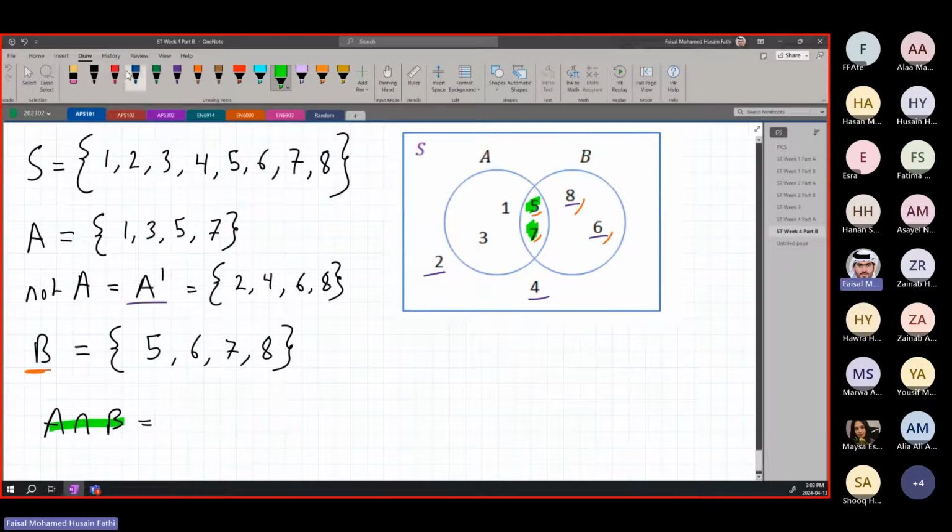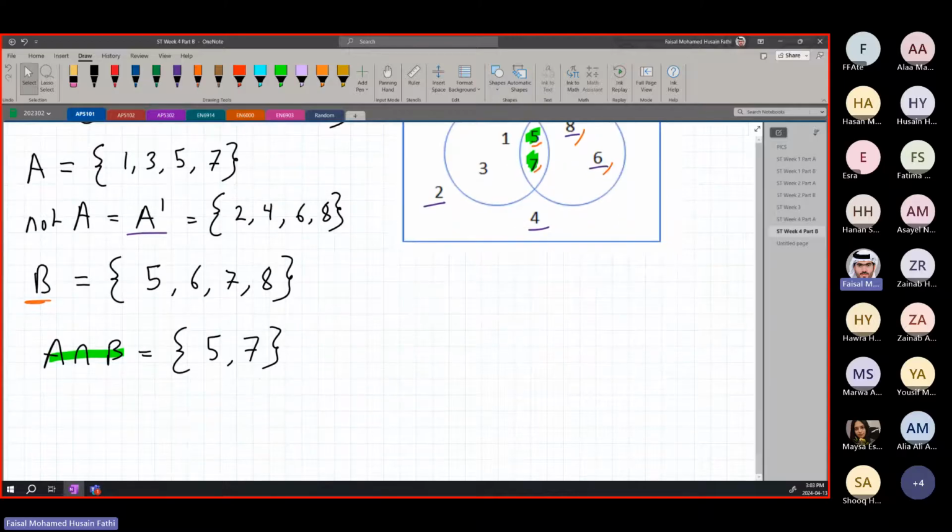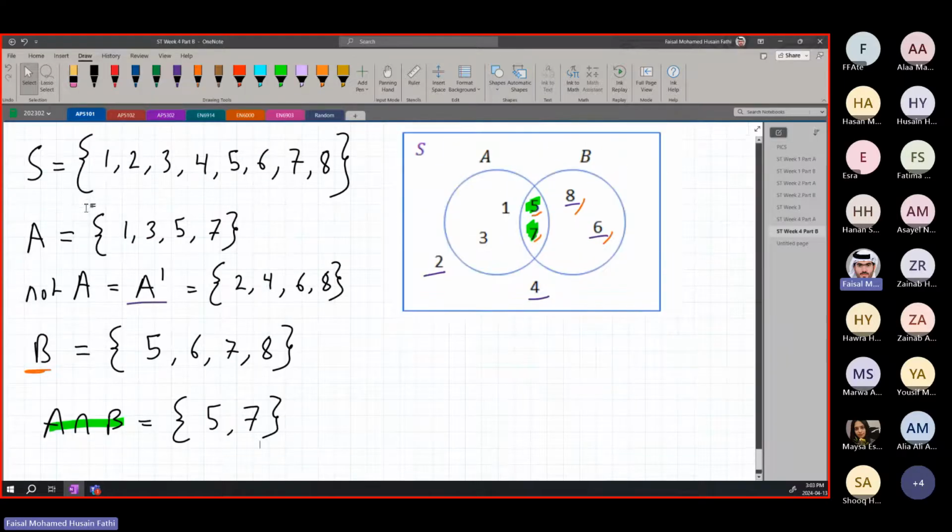A and B is 5 and 7. Keep in mind, we're not doing any probabilities so far. We are just writing the samples. We're not even looking at the number of sample spaces or the cardinality. We're literally just writing the samples now.